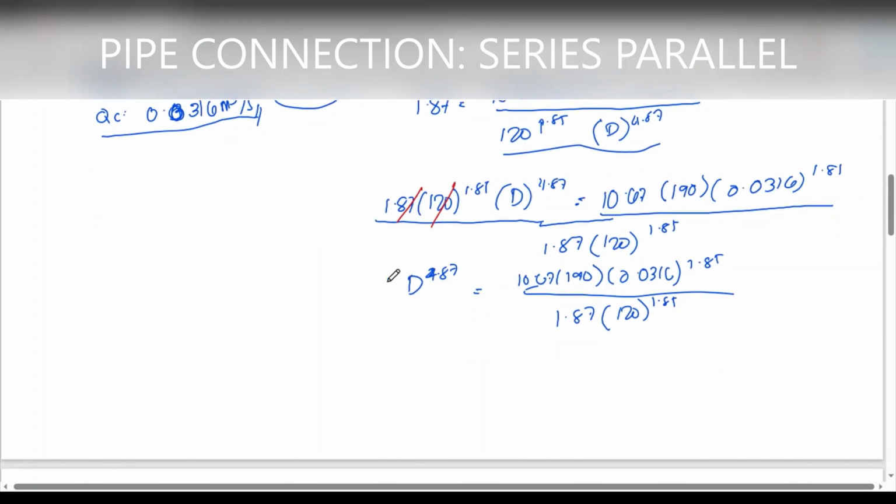Now, for us to determine the value of d, we can raise both sides of the equation by 1 over 4.87. So, our d now is equal to 10.67 times 190 times 0.0316 raised to 1.85 over 1.87 times 120 raised to 1.85.